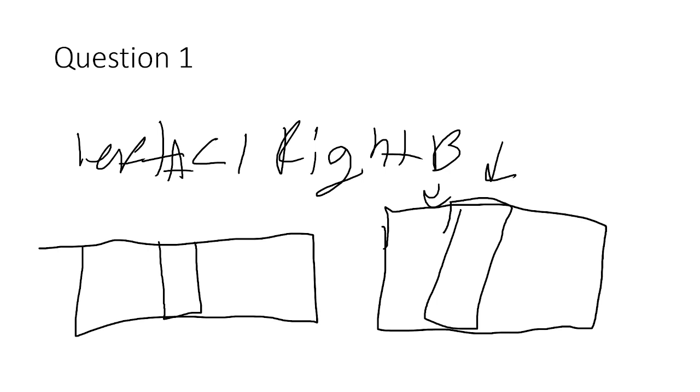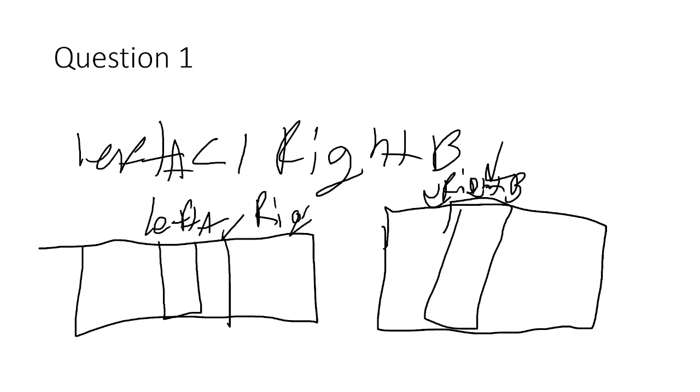And you also need to do the same condition, but the opposite condition, because this is your left of A, and this is your right of B. And then let's say this one right here is your right of A, and this one over here is going to be your left of B, right here.